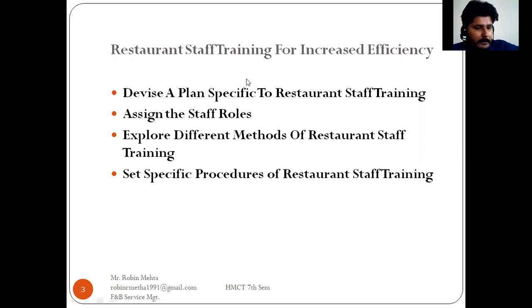Set a specific procedure of restaurant staff training to increase efficiency, like we put specific procedures, okay. If there are 100 employees, for those 100 employees, if the wiping technique is taught to one staff and to two staff, we should give the same knowledge to the same 100 staff, then it will be the same, okay.